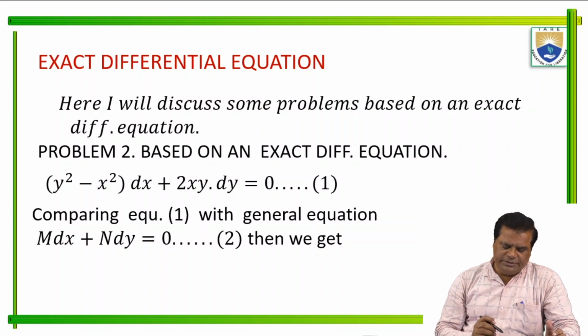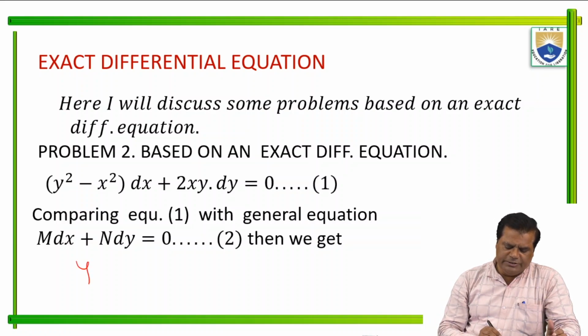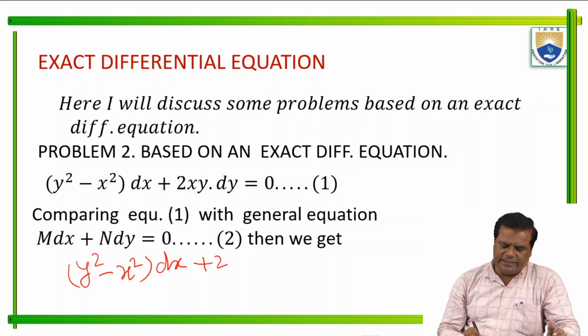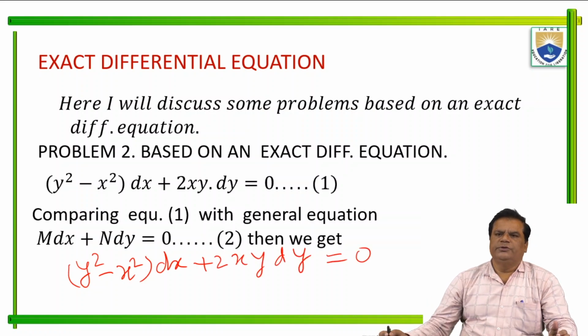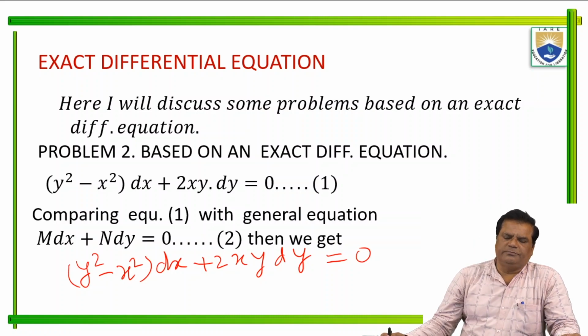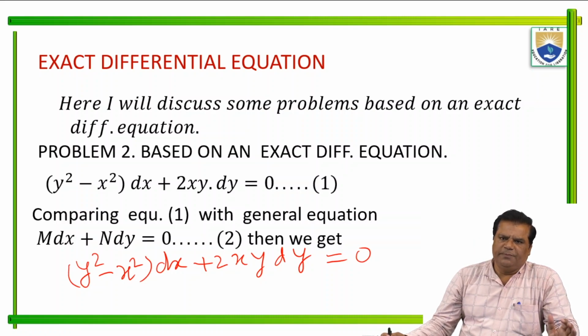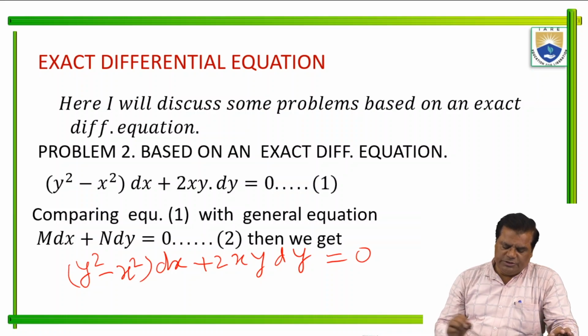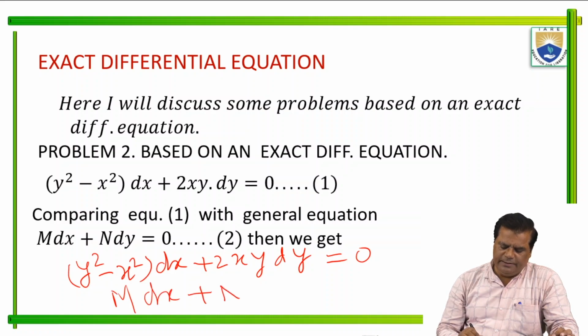Now the question is (y square minus x square) dx plus 2xy dy equal to 0. This is the given differential equation. How can we solve this question? This is an equation of the type M dx plus N dy equal to 0.